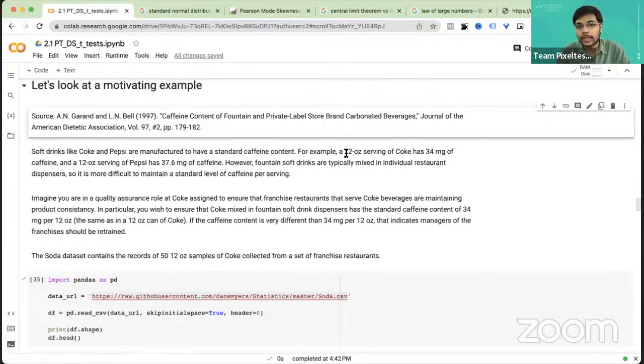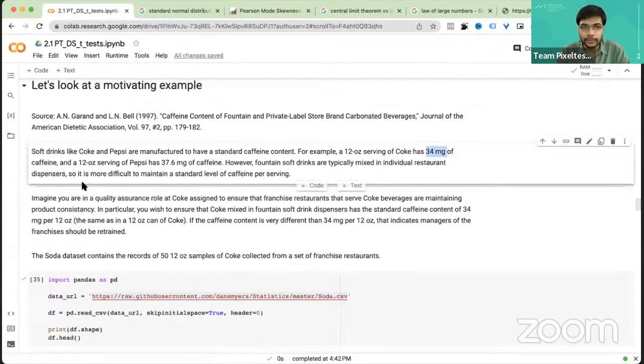For example, a 12 oz serving of Coke has 34 milligrams of caffeine, and a similar 12 oz serving of Pepsi has 37.6 milligrams, meaning Pepsi has a little more caffeine than Coke. It should be standard set values like that.